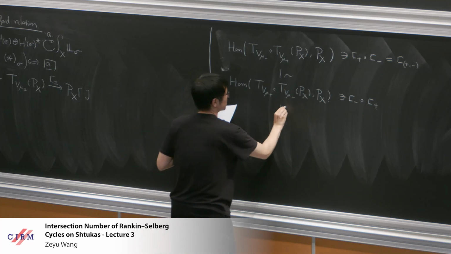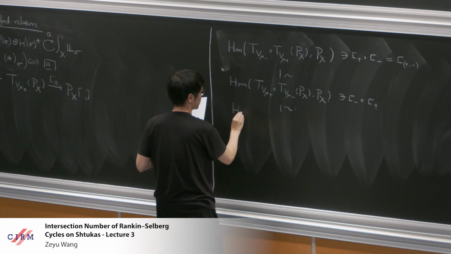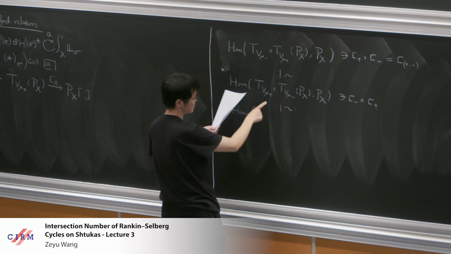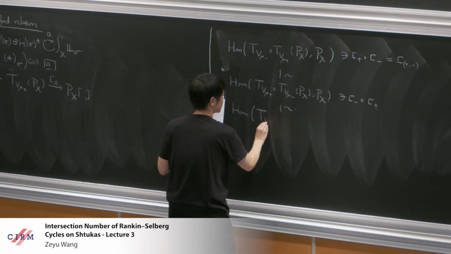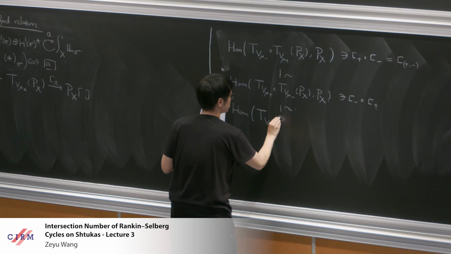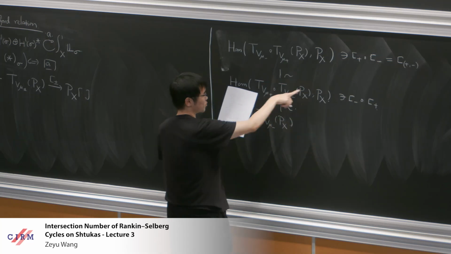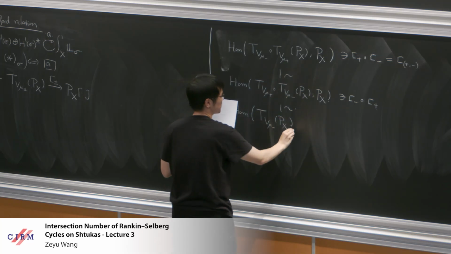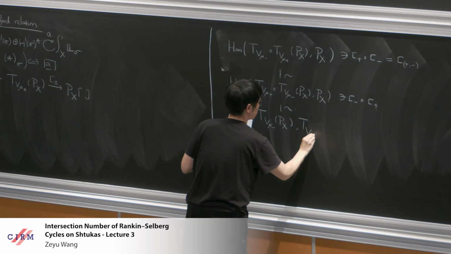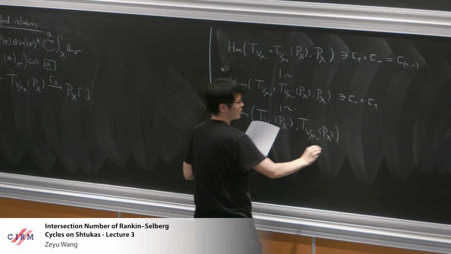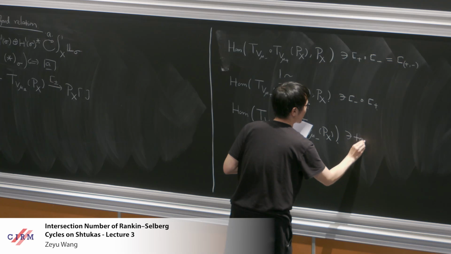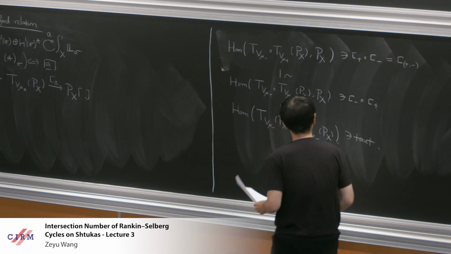There's a third way to write this Hom space: you can use the adjoint property of Hecke operators and move this Hecke operator over there. But now, in this way of writing, there's a tautological element, which is just the identity.